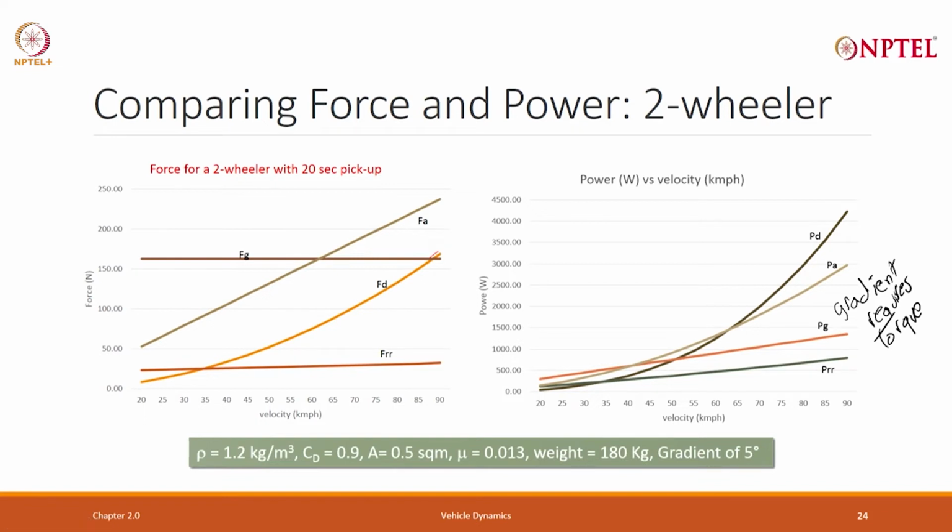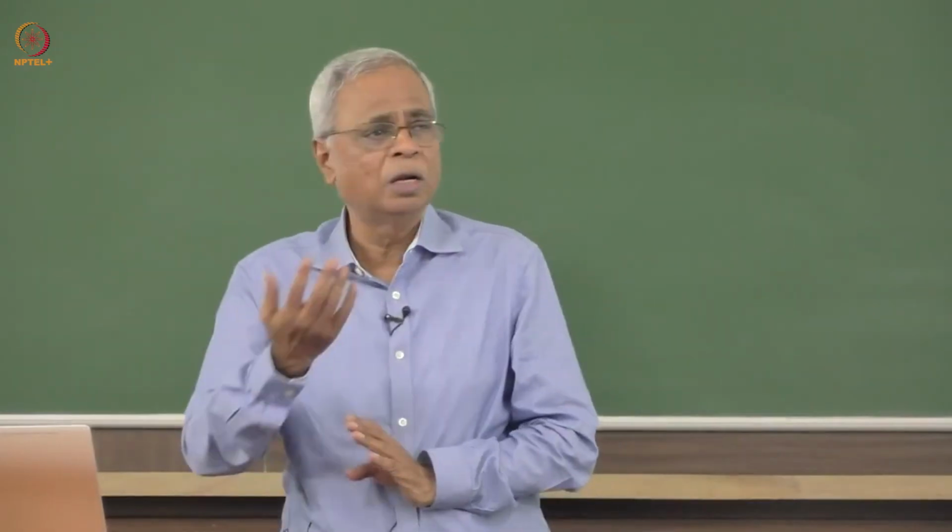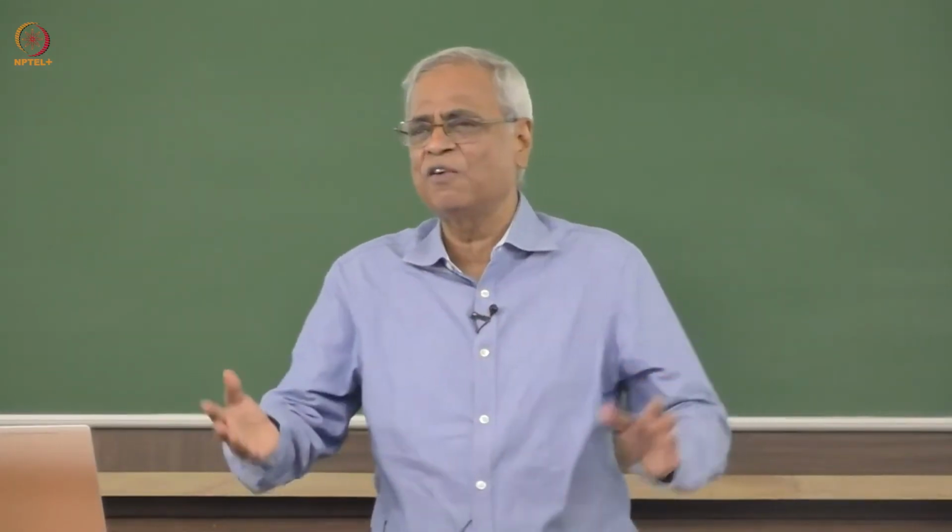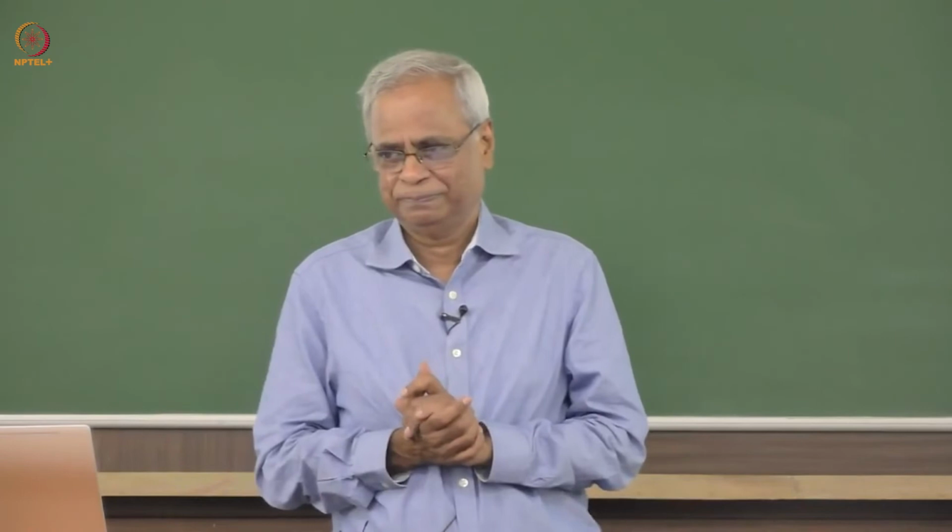At 80 kilometer it is 3000, at 85 kilometer it is 3500 watts, and at 90 kilometer it goes above 4000 watts. Now, this curve, though it is for a two-wheeler, we will do a similar curve for other vehicles, and it is going to play a major role in designing your motors and batteries.